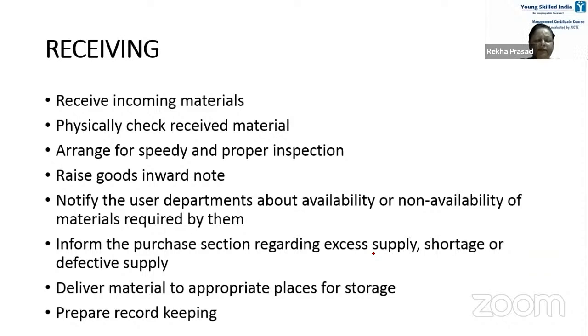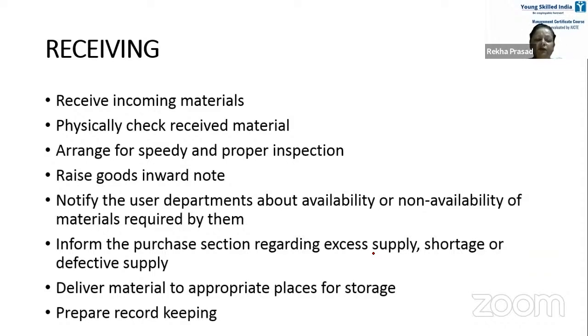Accordingly, the policy can be decided: they'll go for random sampling, systematic random sampling, or non-random sampling. Whatever is the policy, it should be much faster because there are so many people waiting in the market for the supplier. If you don't buy, the supplier will go to someone else, so you might lose a good opportunity. So it has to be speedy as well as proper inspection.